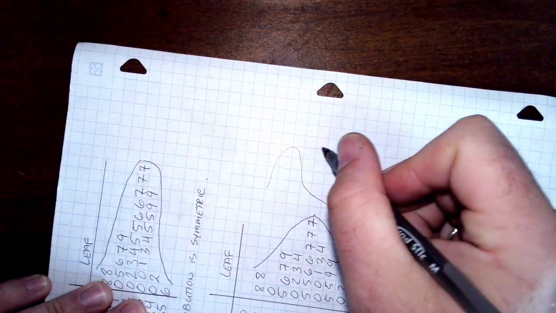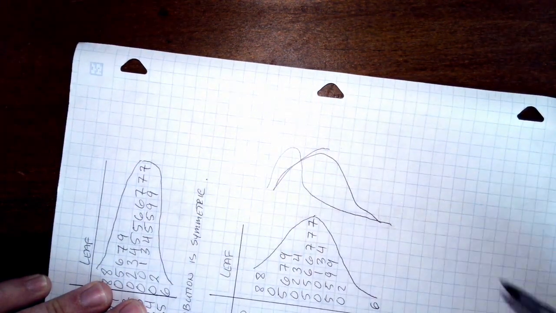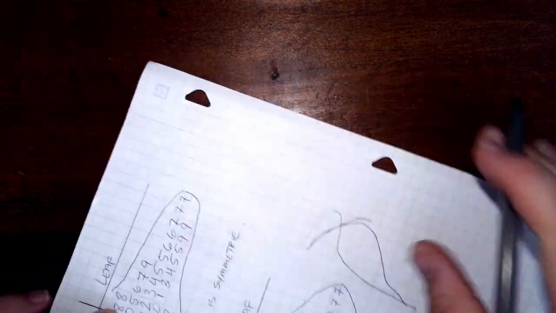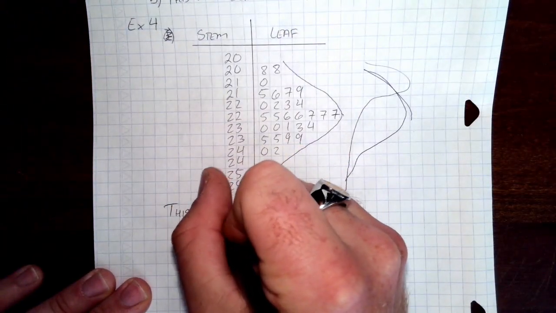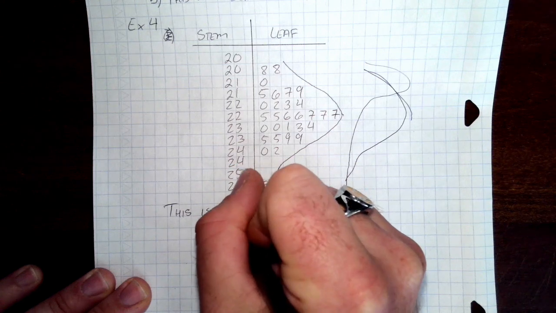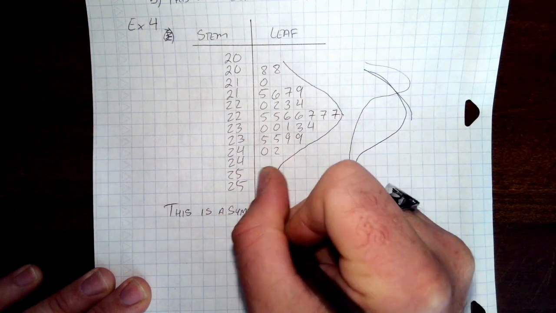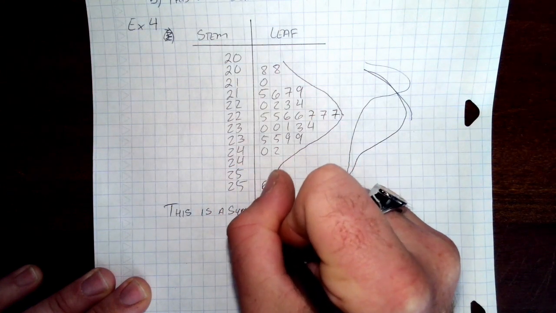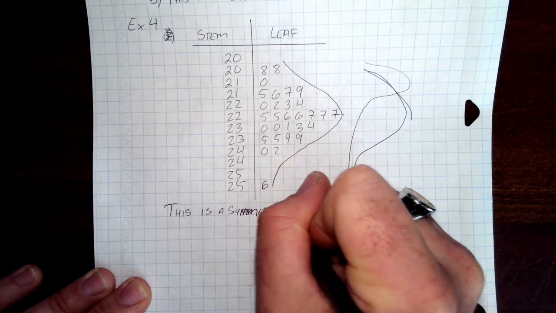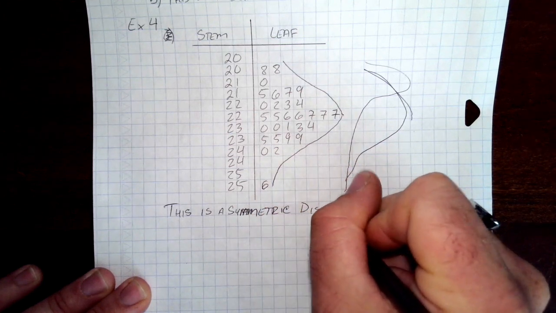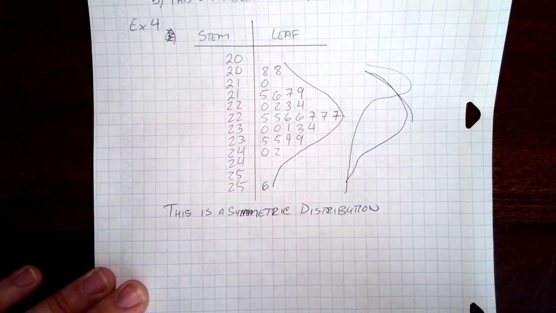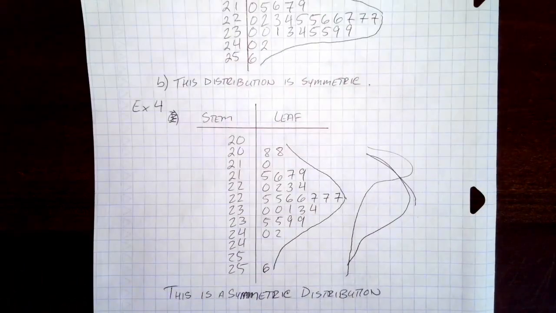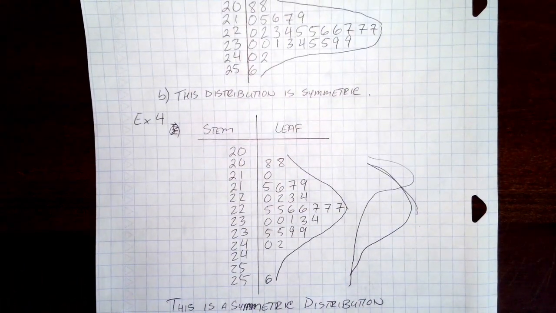But since we're still mostly high in the middle, even with a little bit of tail on the right, I would say this is still symmetric. But that's what split stem plots are for, just to get a different view of the same information and see, did we actually make the right assessment?